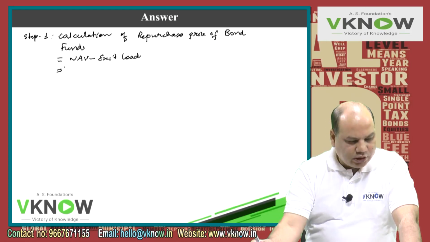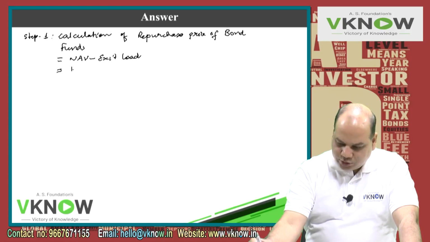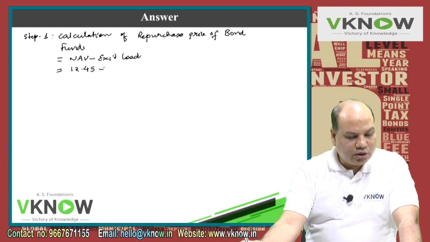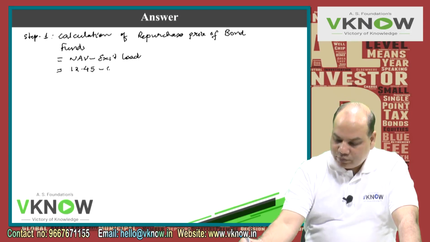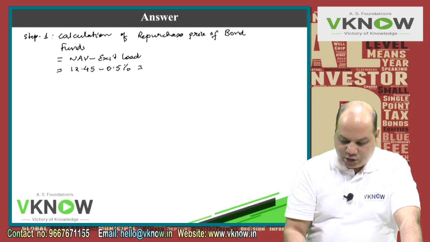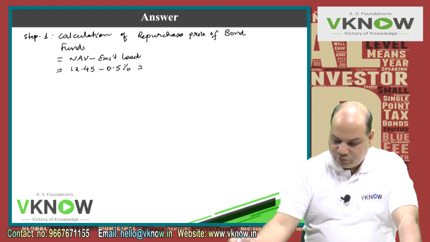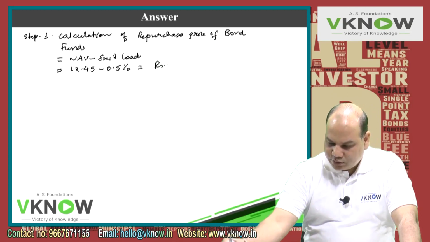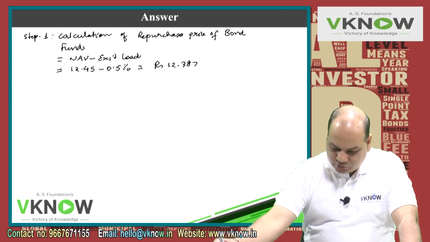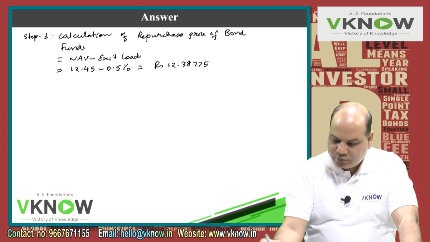How much is the NAV given? 12.45. And how much is the exit load for bond fund? 0.5%. So take your calculator, 12.45 minus 0.5%. So that comes to rupees 12.38775. You can write down, no problem.